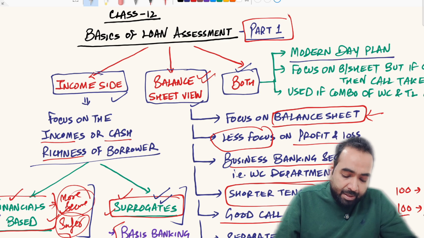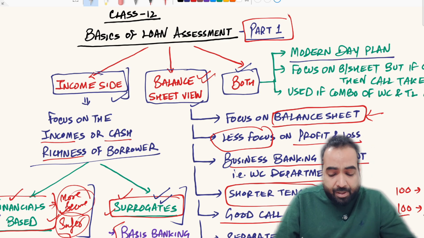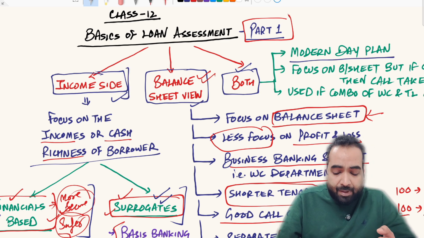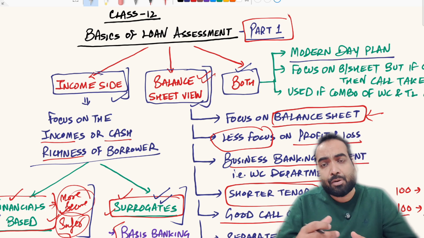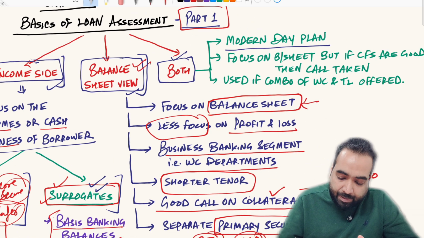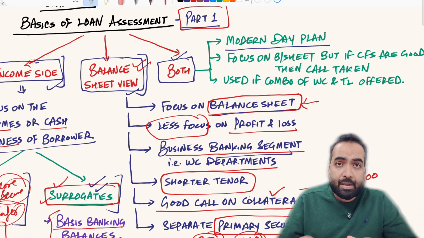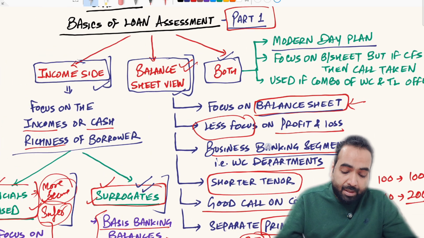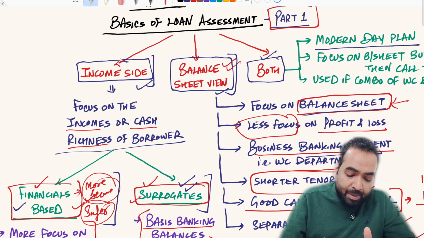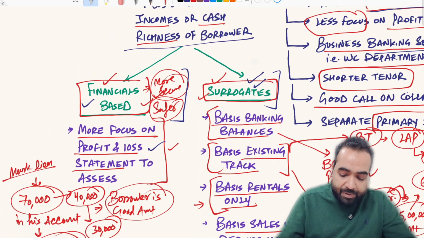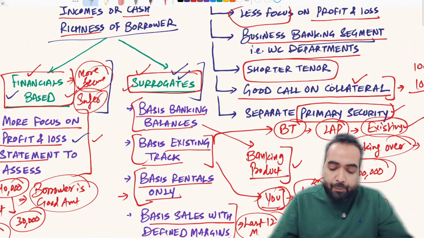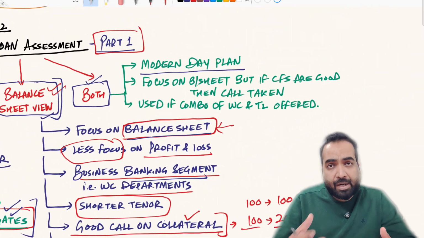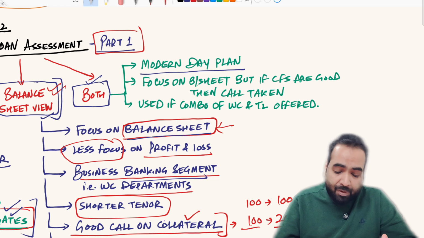By that I mean they are focusing on income and cash generation, but at a decent level, and they are also focusing on the balance sheet, but they are not becoming too rigid on the balance sheet like they are in this segment. They are also not too rigid on the income side like we have studied in these segments. So they are basically using an average of both to decide the fundability, to decide the loan amount of the borrower.